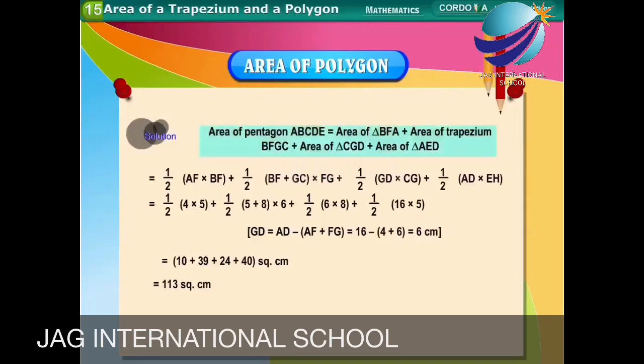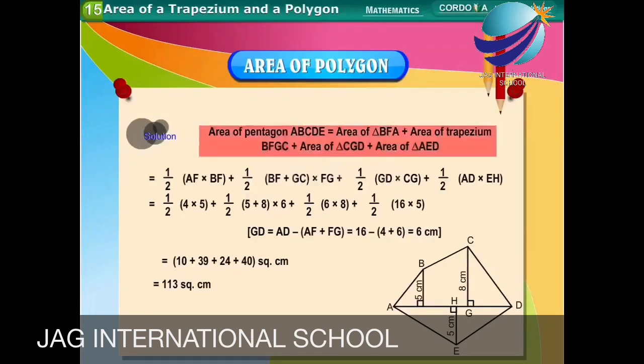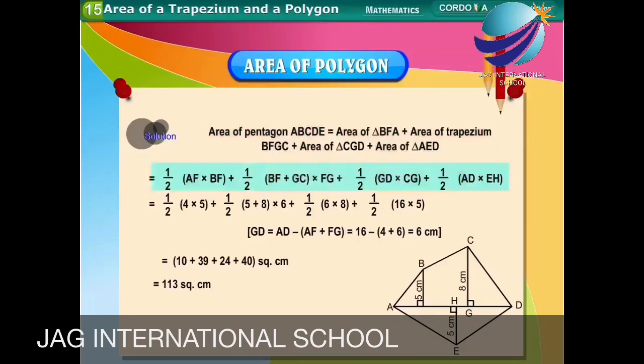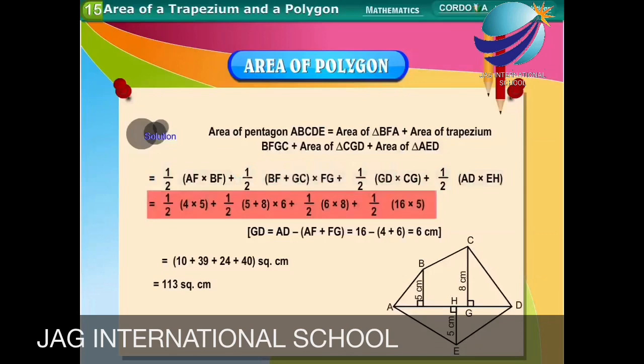Solution: area of pentagon ABCDE is equal to area of triangle BFA plus area of trapezium BFGC plus area of triangle CGD plus area of triangle ADE, which is equal to half AF into BF plus half BF plus GC into FG plus half GD into CG plus half AD into EH, which is equal to half 4 into 5 plus half 5 plus 8 into 6 plus half 6 into 8 plus half 16 into 5.